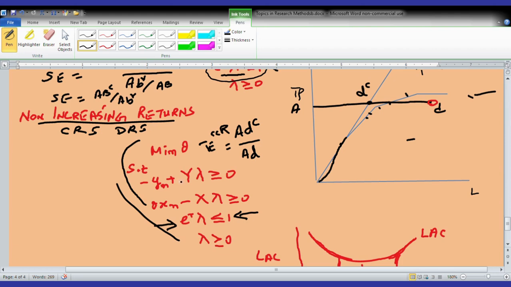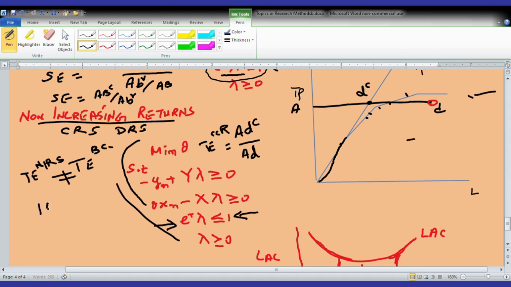If they are unequal, so that the score obtained from this non-increasing returns to scale technical efficiency score is different from the BCC technical efficiency score, then this means that the firm is operating in the increasing returns to scale region.